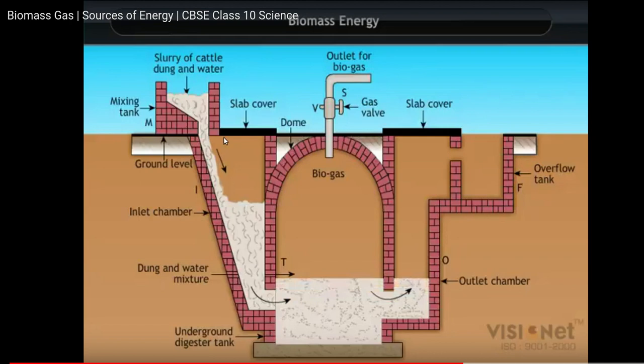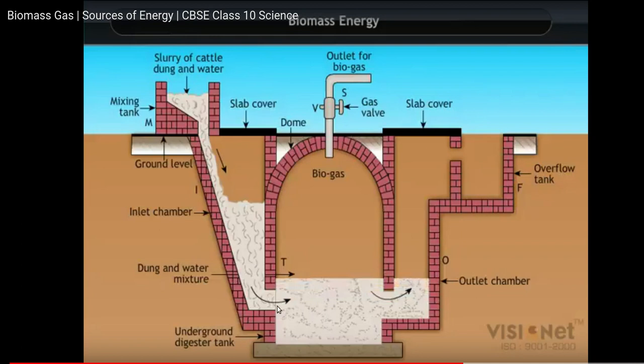The inlet chamber is basically just a chamber where we collect it, and then it comes into this underground digester tank. In this tank there are those anaerobic microorganisms, remember, which are going to create biogas.